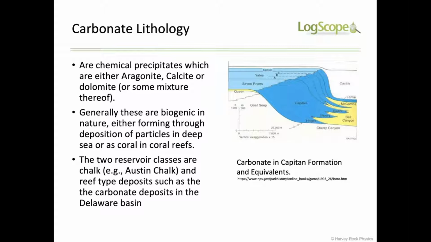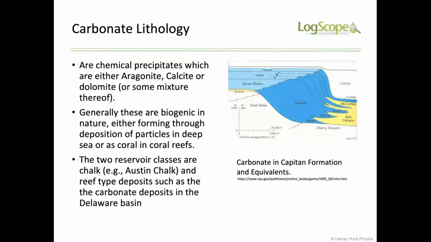In carbonates, which is the second form of lithology that we deal with, principally in the oil and gas industry, are precipitates. Calcite is formed in a biogenic nature, either coral reefs or as deep sea oozes like radiolarite oozes, and so on.